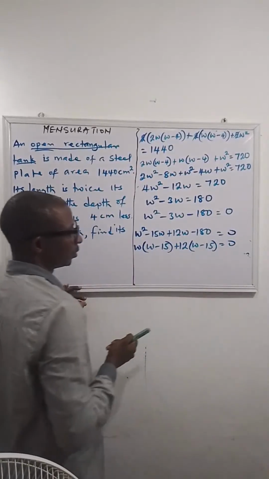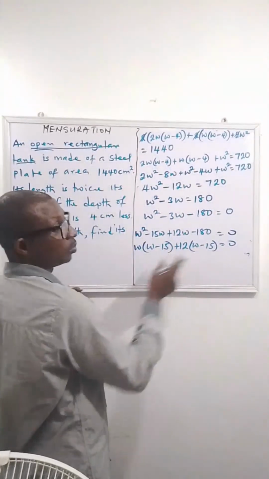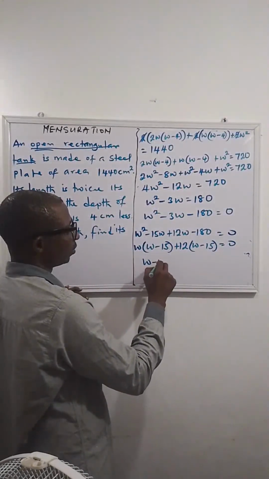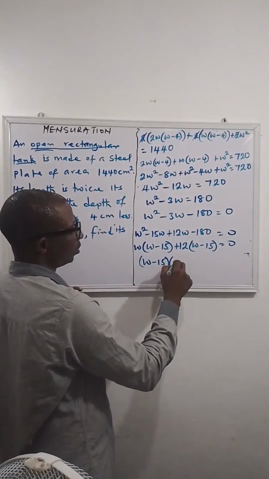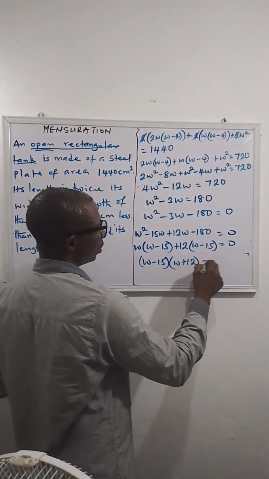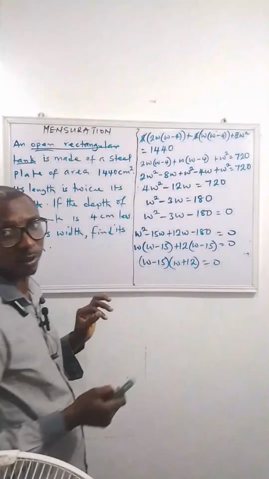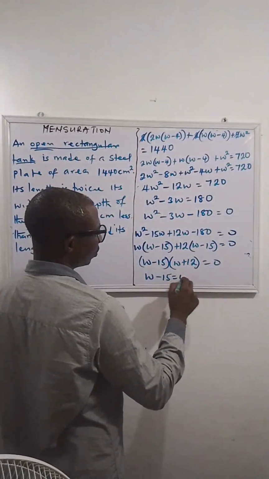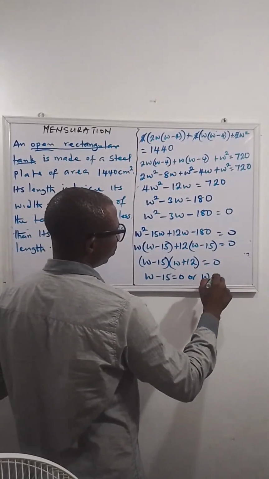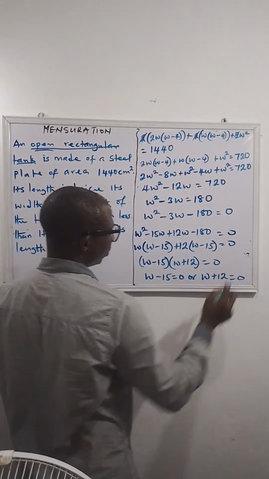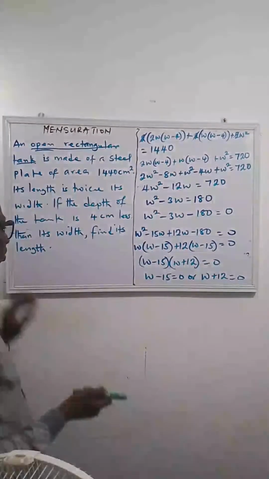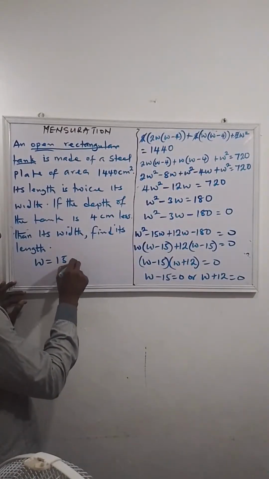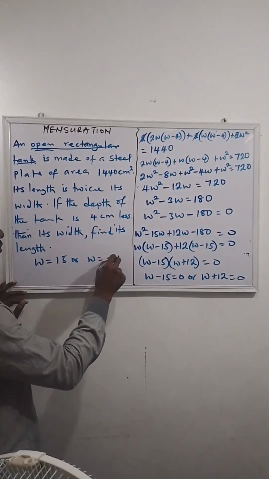So you can factor out w minus 15. We have w minus 15 times w plus 12 equals 0. So w minus 15 equals 0, or w plus 12 equals 0. So w equals 15, or w equals negative 12.